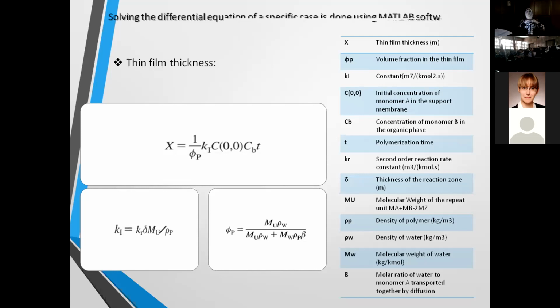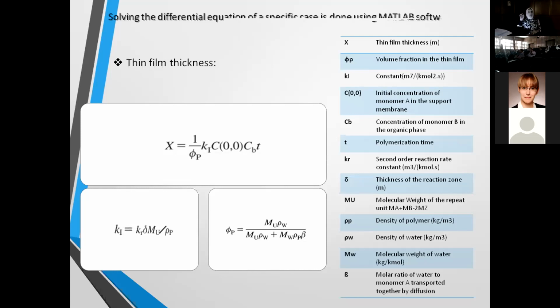Mu is the average molecular weight, rho W is the density of the water, rho p is the density of the polymer, and beta is the molar ratio of water to monomer A transported together by diffusion.